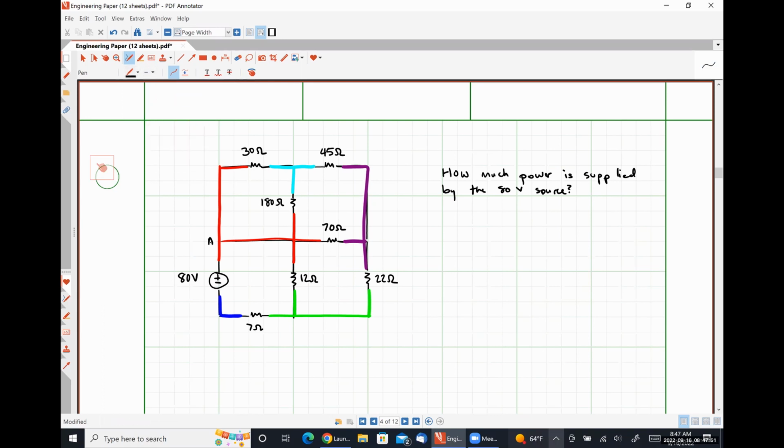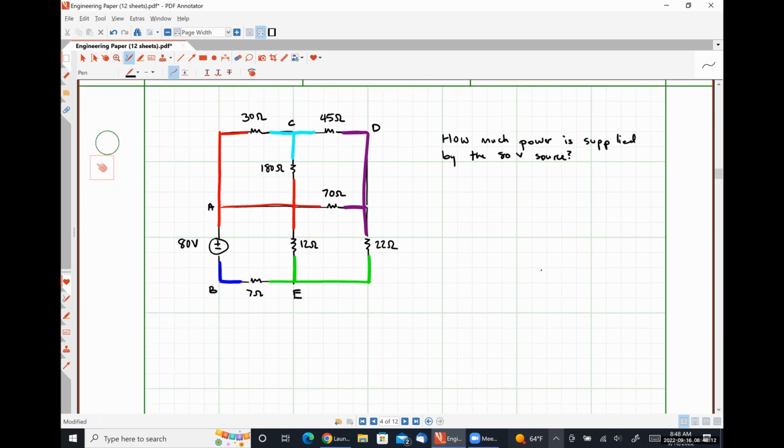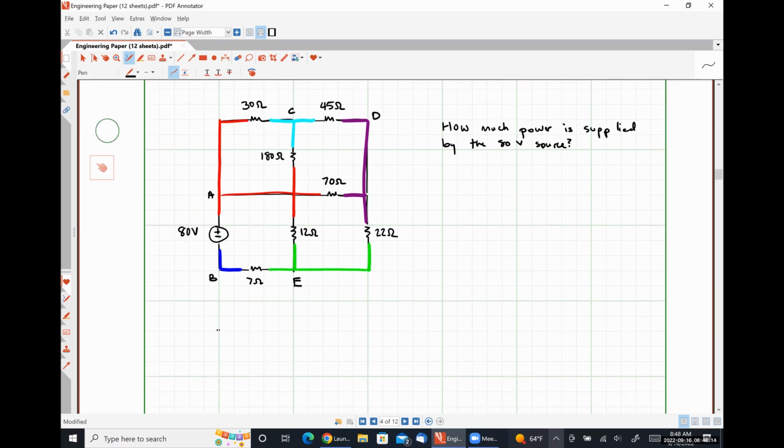So I'm going to call this red node A, this blue node B, and then this is C and E. We are trying to find the equivalent resistance between nodes A and B. So I'd put A on the left-hand side and B on the right-hand side.